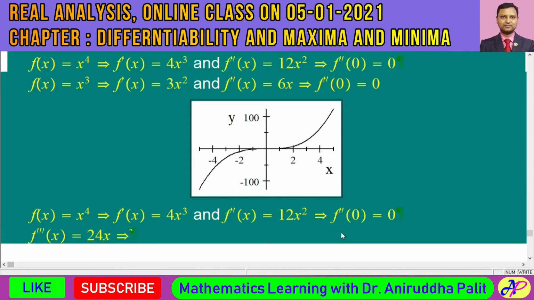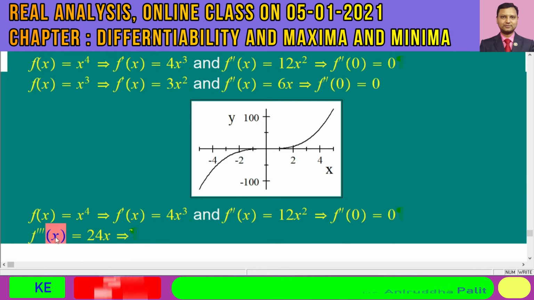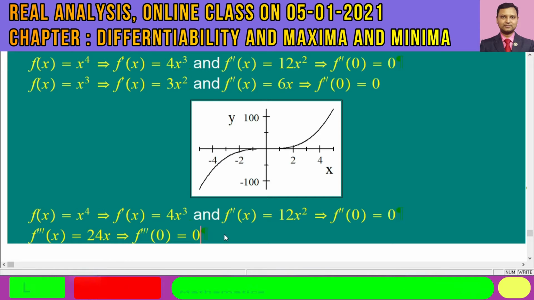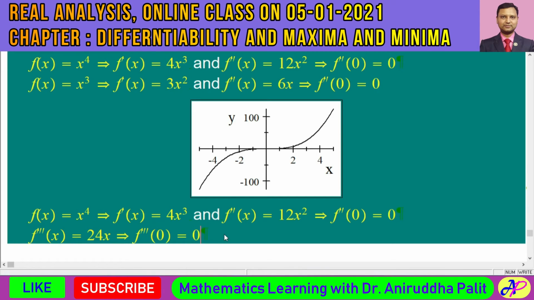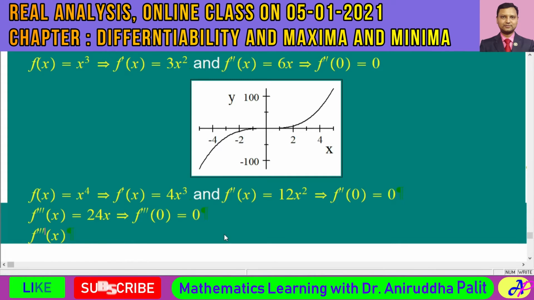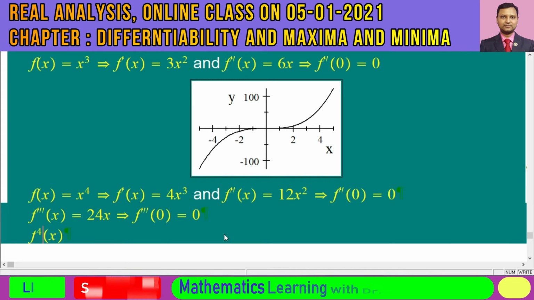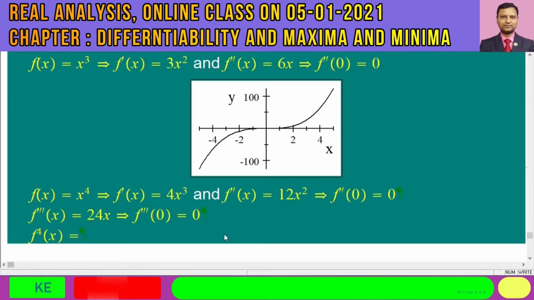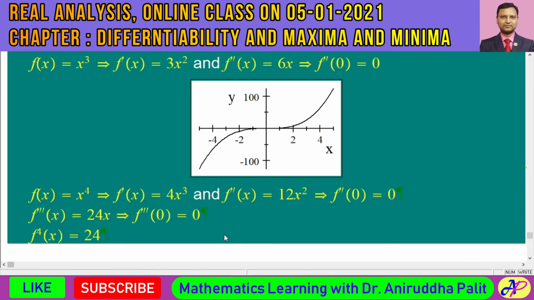Still you see, f triple dash x at the point x is equal to 0 should be equal to 0. But we are not getting any non-vanishing derivative. Then what to do? We shall again consider the fourth derivative. I am writing f four x, the fourth derivative, is equal to 24.